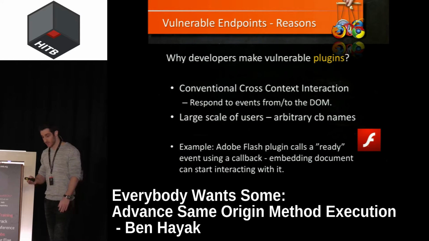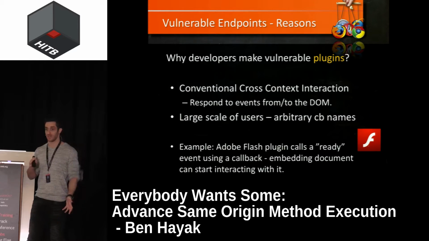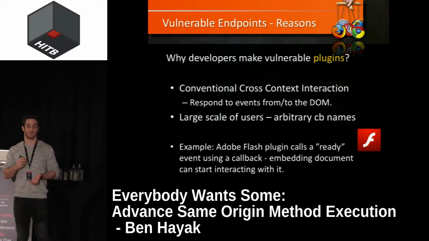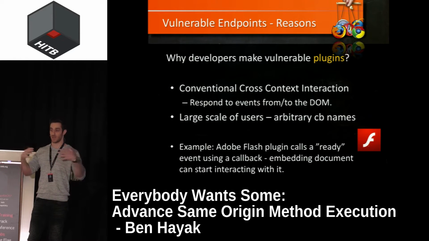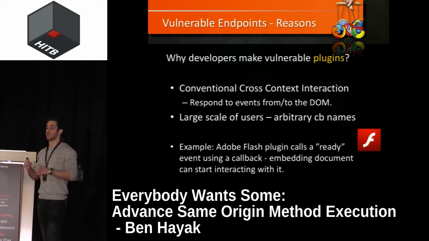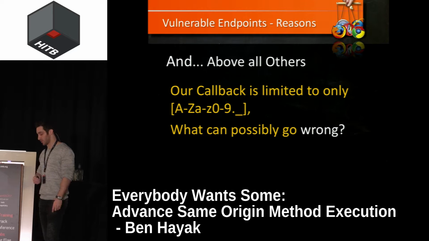One example is once a Flash file is embedded in a website, if it's a very large Flash that supports interaction with the HTML page, like a play button, it needs to tell the embedding document, okay, I'm ready, you can start interacting with me. That would be an example in the Flash plugin.